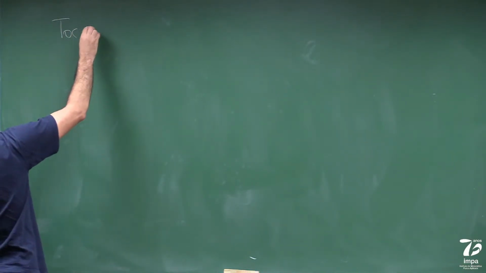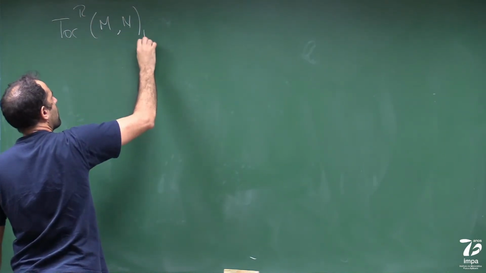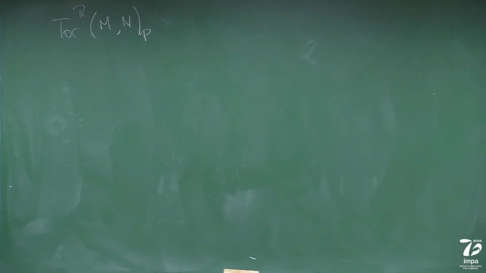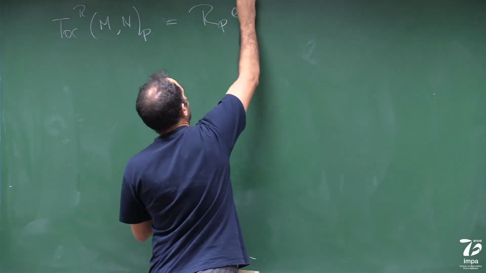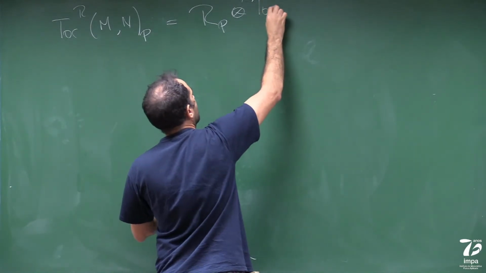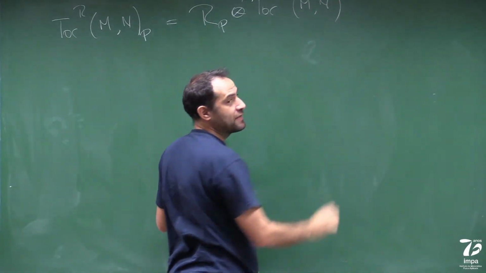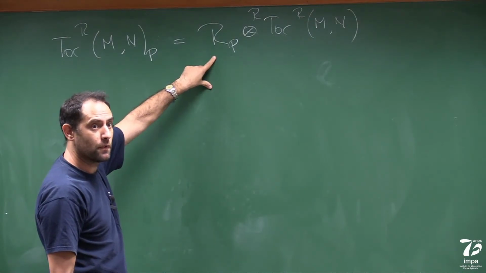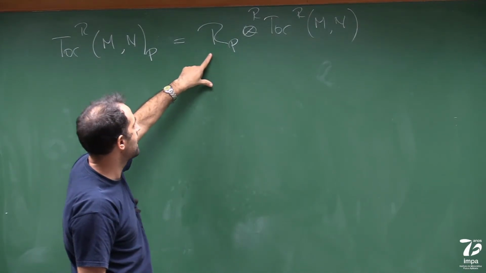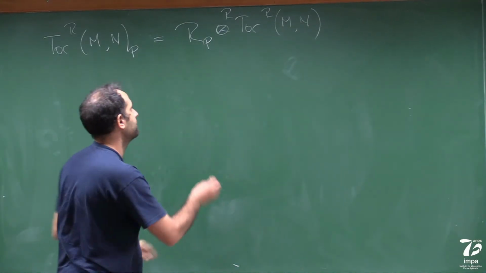So this is Tor R M N localized at P. But localizing at P is the same thing as just taking the tensor product with RP of that R module. And we have this lemma that we proved that RP, a localization of R over R, is flat. And we proved the lemma that said that I could just take this tensor product by a flat R module by putting these guys inside.